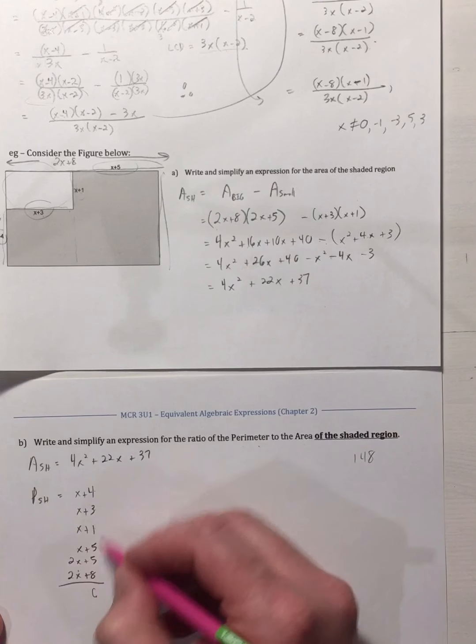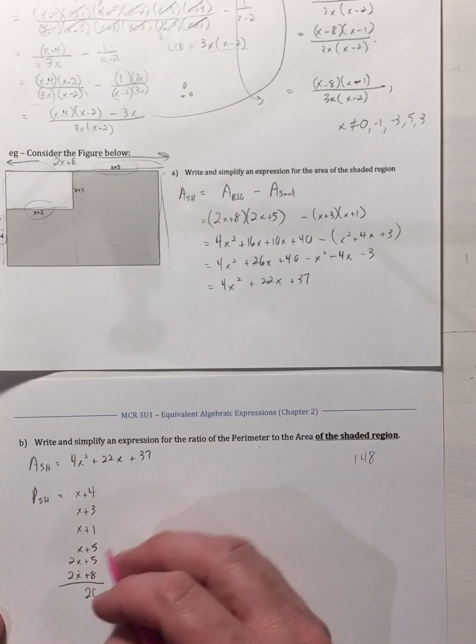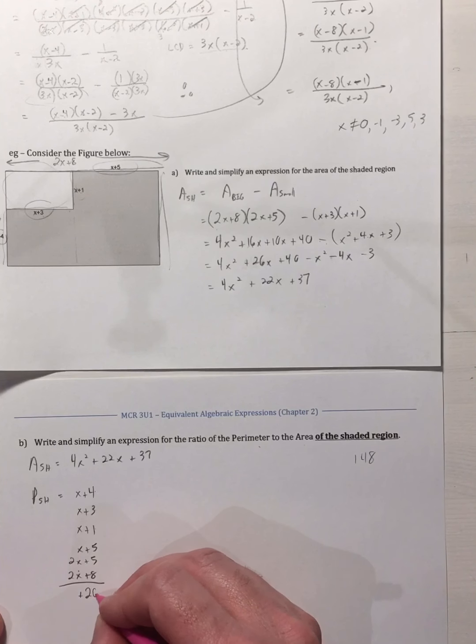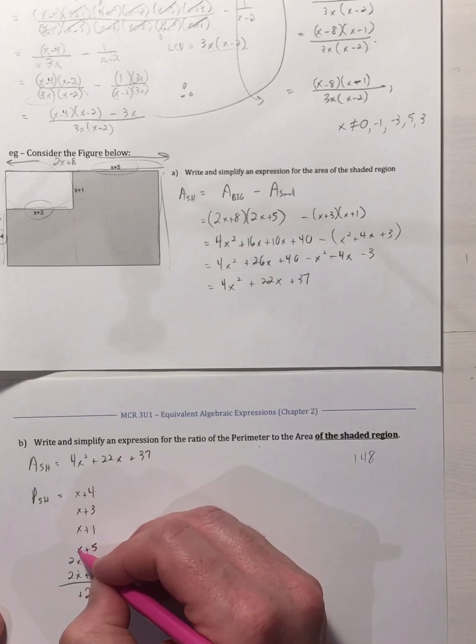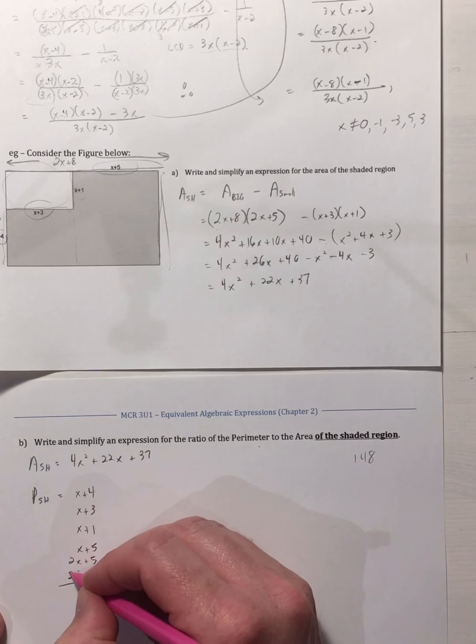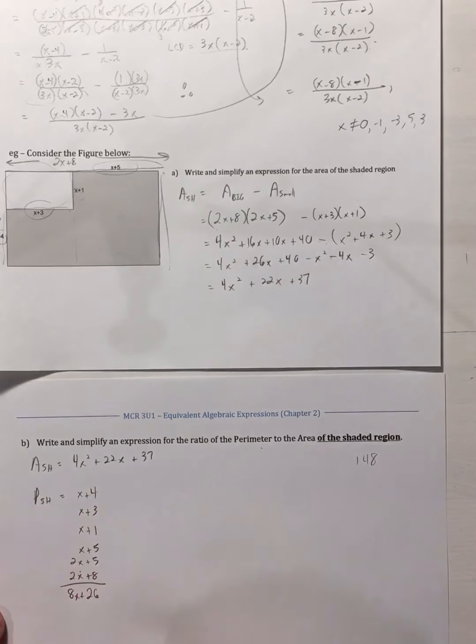Then x plus x plus x plus x, that's 4x, 6x, 8x. So 8x plus 26.